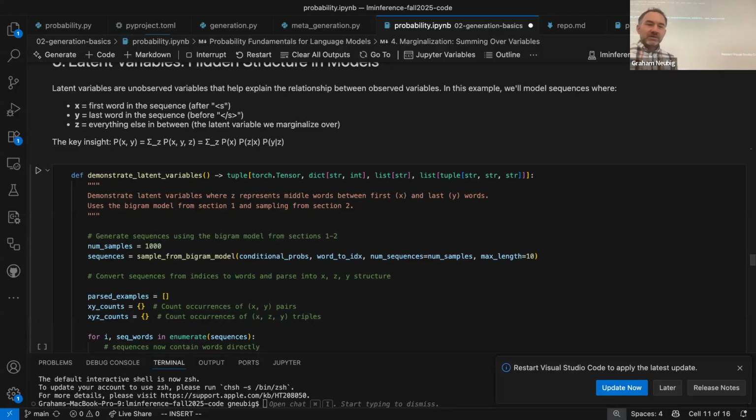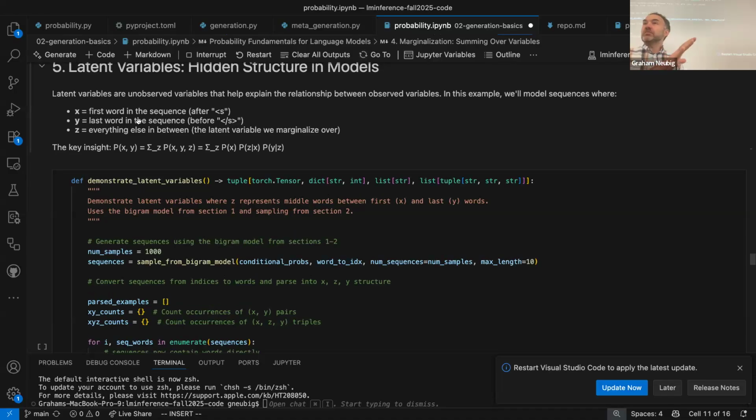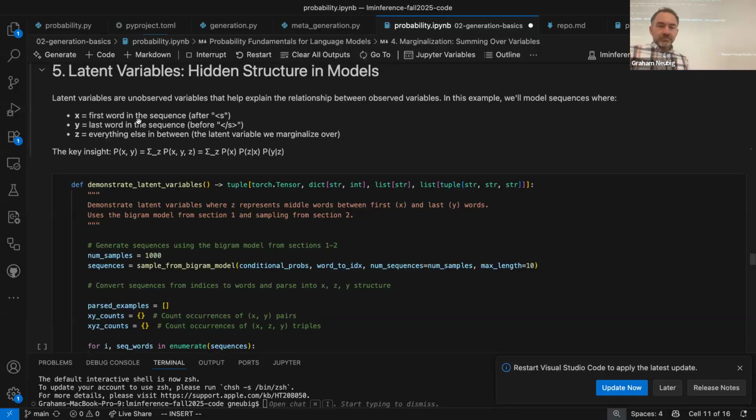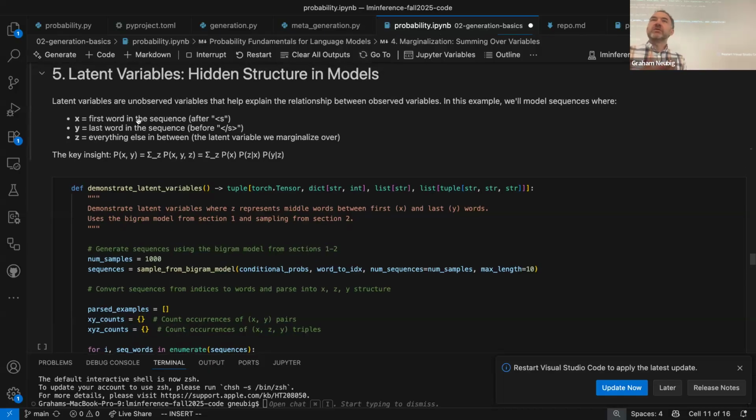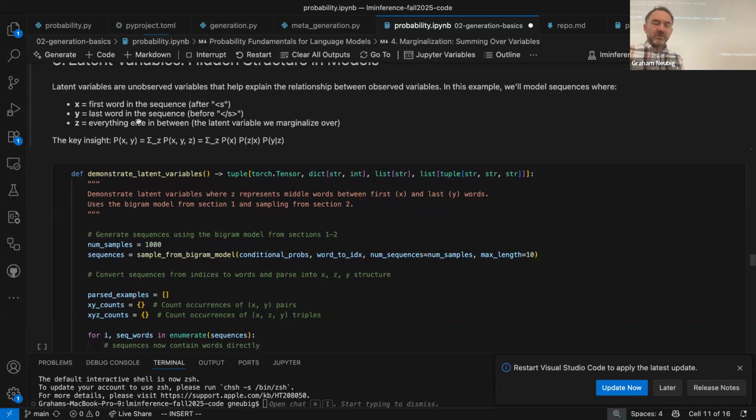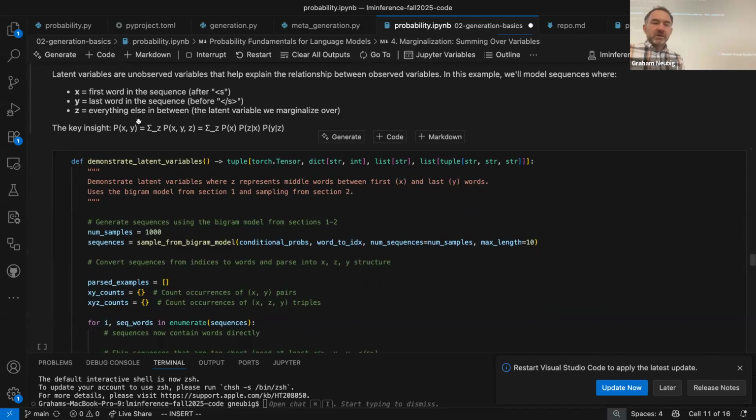So here, X would be your input prompt, Z would be the reasoning trace of a reasoning model, and Y would be the final answer that you would be providing. That's one example. There are other examples, but this is definitely the most prominent example nowadays.